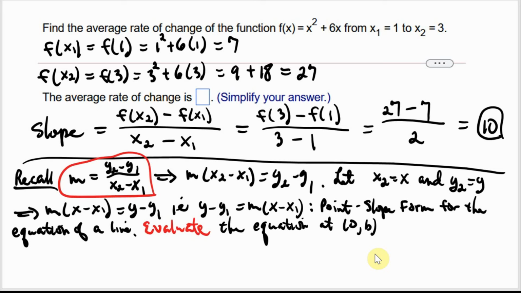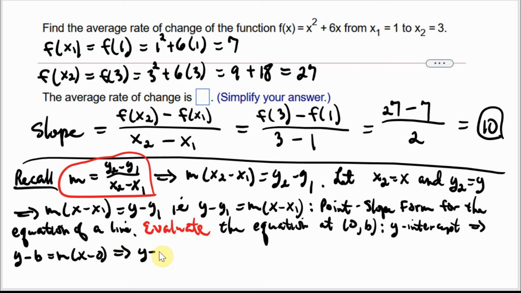Okay, good. The y-intercept. Very good. So this implies that I have y minus b is equal to m times x minus 0. This is y minus b is equal to m times x. Get y by itself, y is equal to mx plus b.